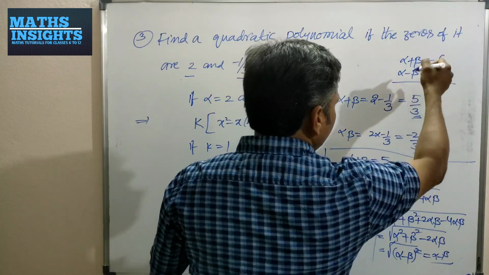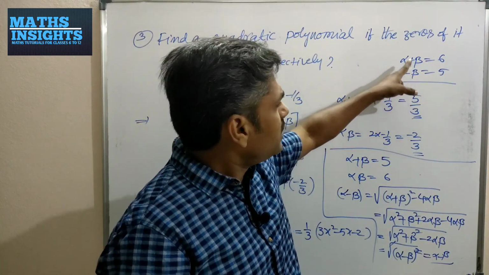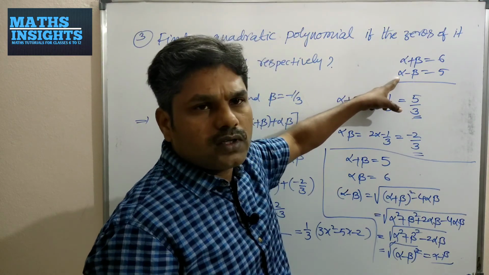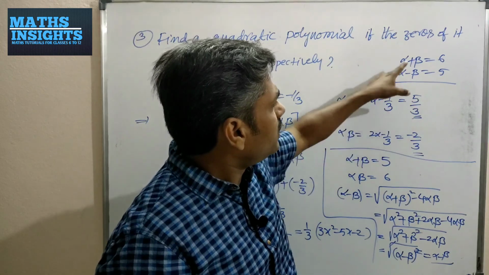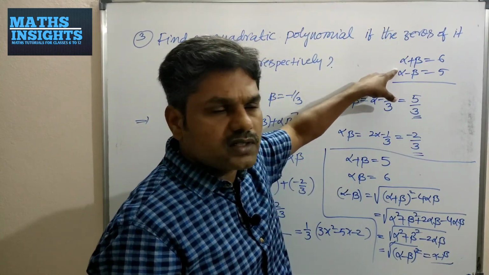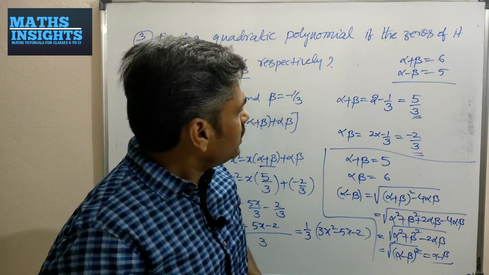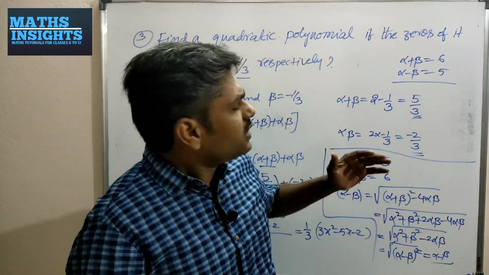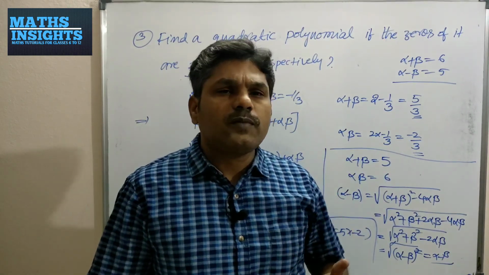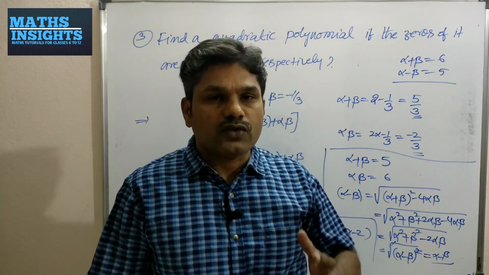If you add, beta cancels and you will have only alpha. Then substitute that alpha in either of these two equations, and you will get the beta value. In this way, you may find the values of alpha and beta. So by using this concept, you may solve different types of problems related to coefficients and zeros.